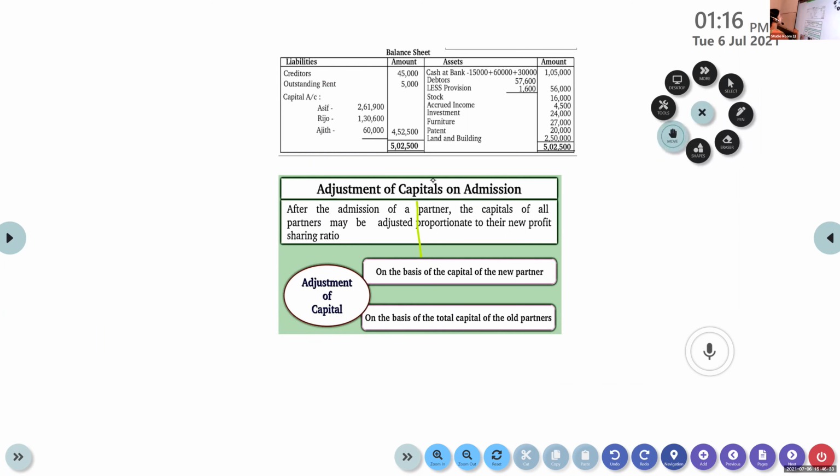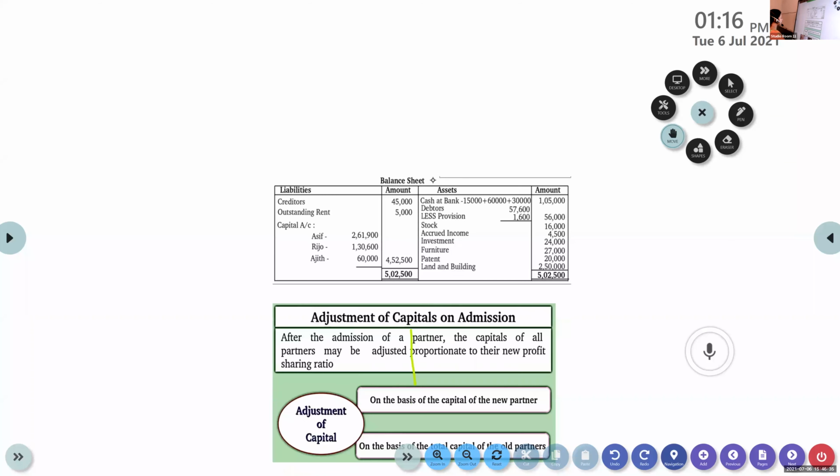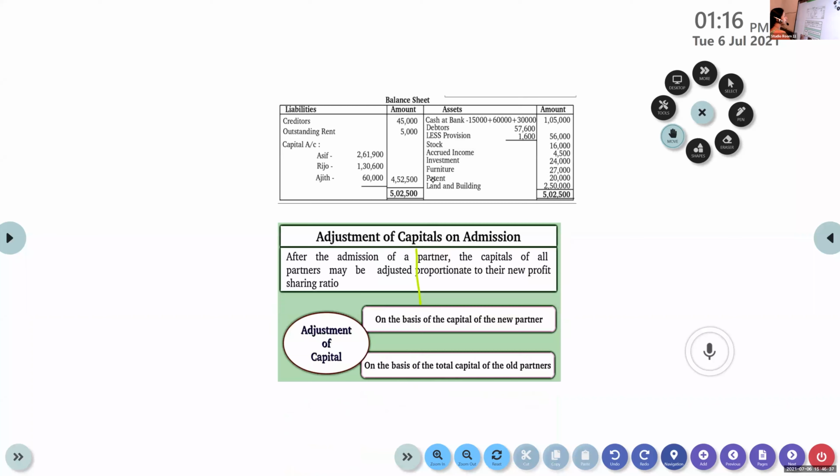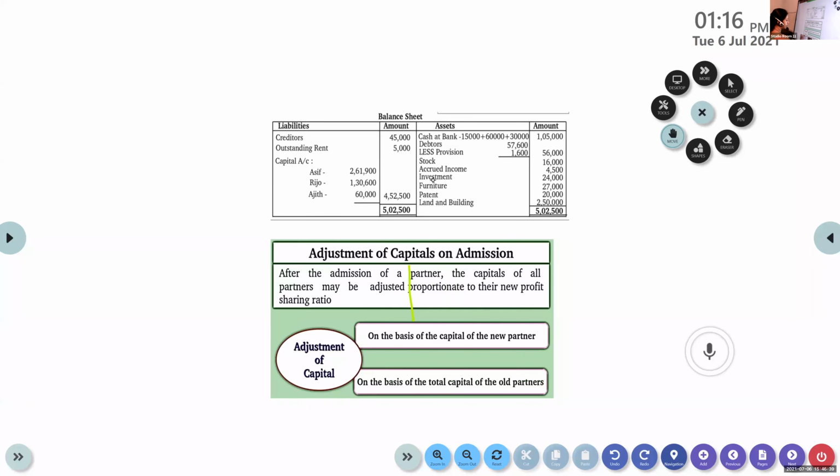So the balance sheet has two sides, asset side and liability side. Look at the cash balance. I had told you there is a calculation required for the cash balance. You cannot write the same amount as in the previous balance sheet.